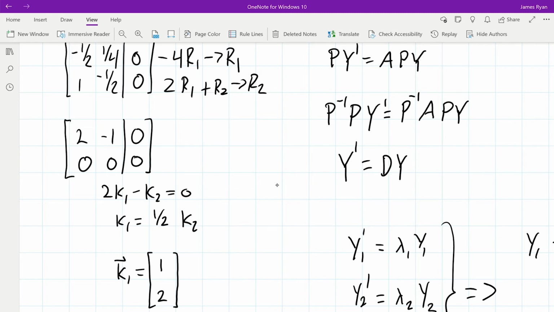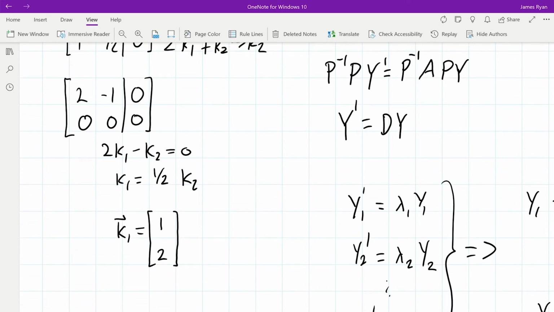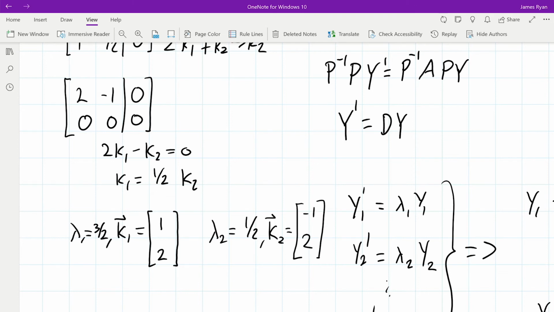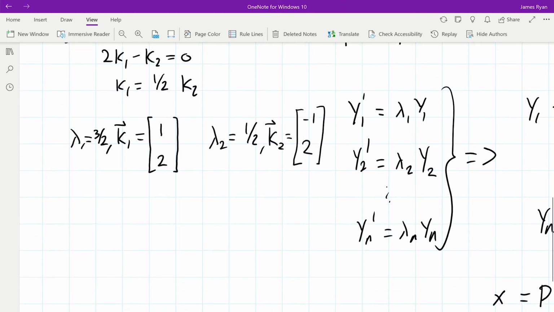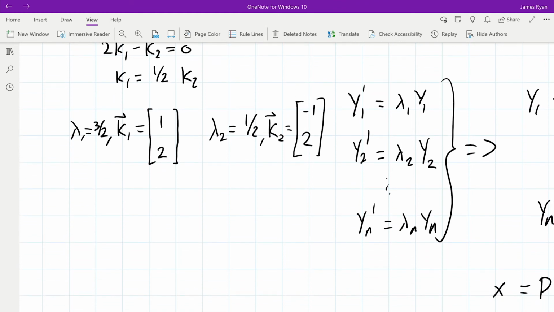That could be one of our eigenvectors, and I'll use that one. This is associated with lambda 1, which is 3 over 2, and for lambda 2, which is 1 over 2, its associated eigenvector k2 will be negative 1, 2. Okay, so now we have those. We know that D will be P inverse A P, but we also know that the elements of D will be the eigenvalues.